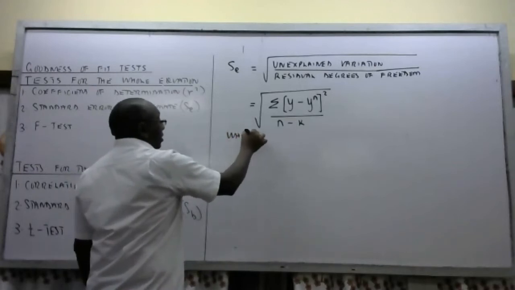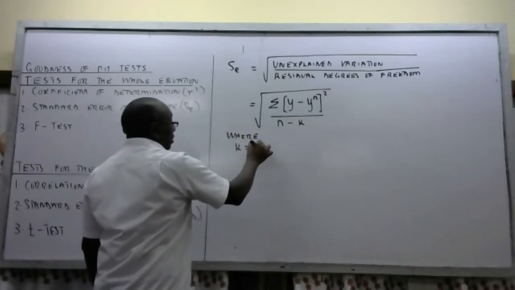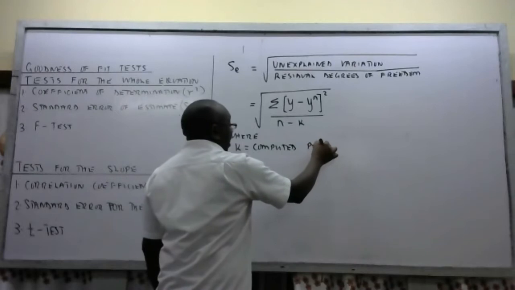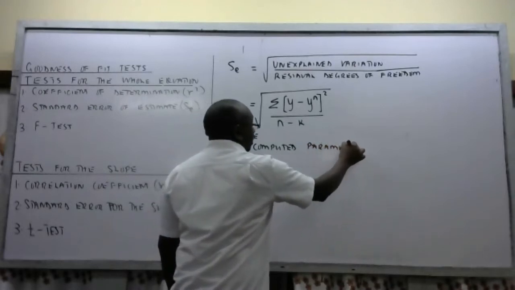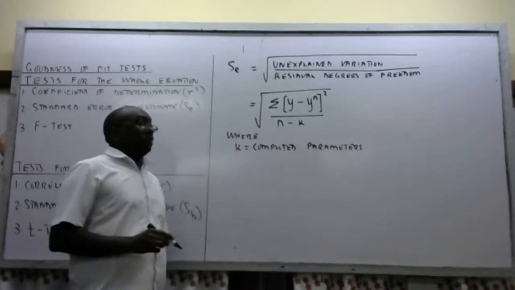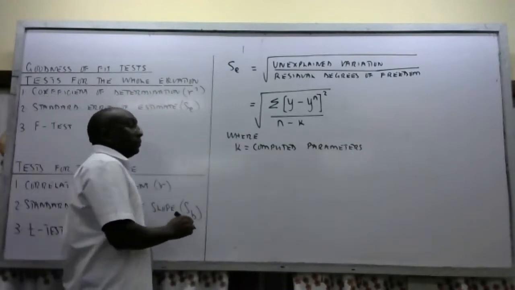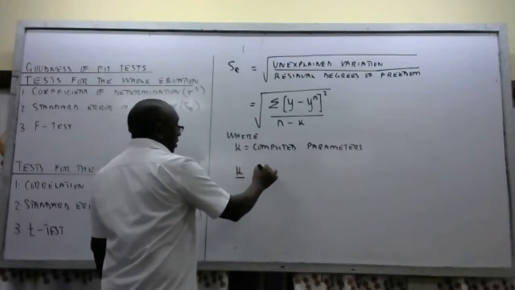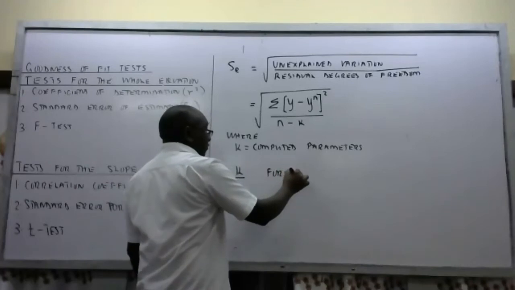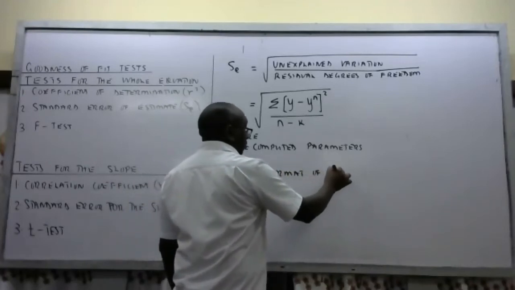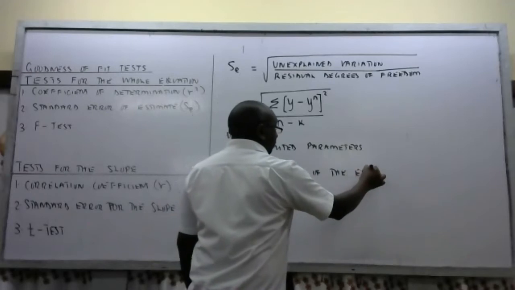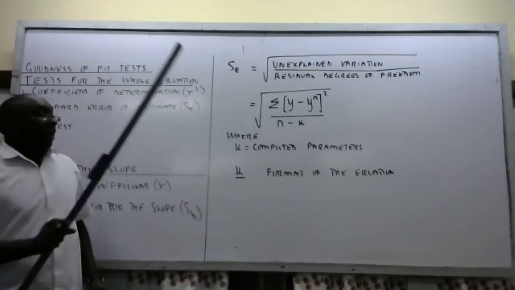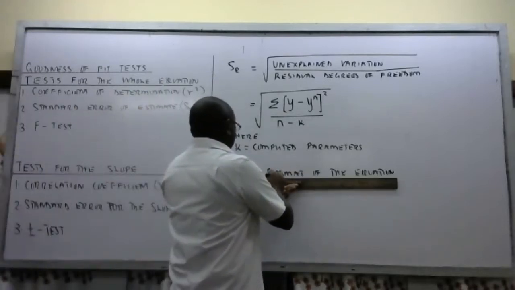Where k is called computed parameters. And k can help you to know the format of the equation.